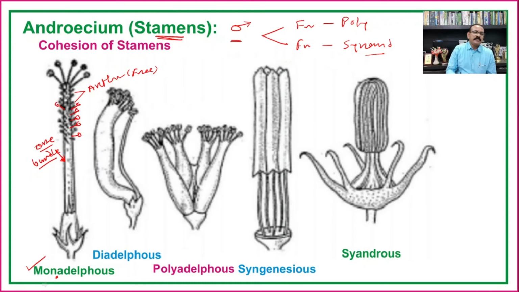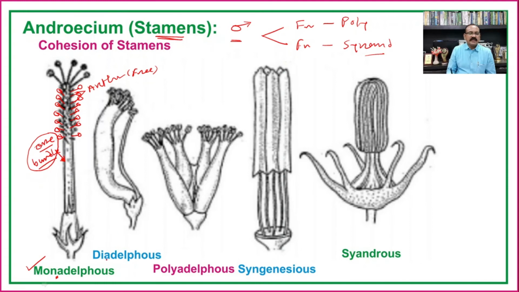This can be best observed in Hibiscus rosa-sinensis of the family Malvaceae. Such an arrangement of stamens, in which the anthers are free but the filaments are fused to form a single bundle, is known as the monadelphous condition.